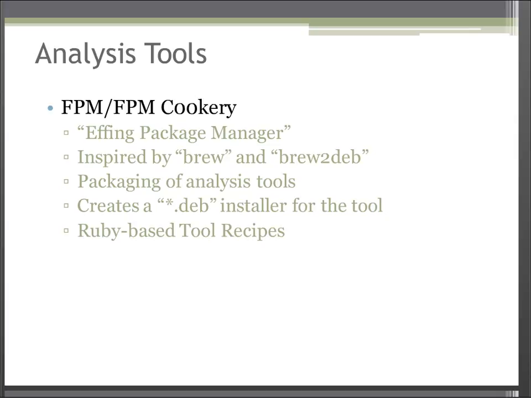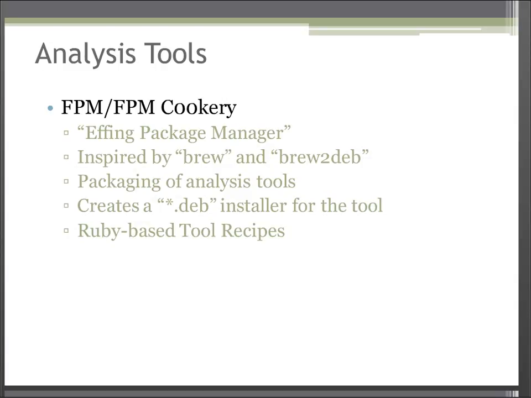This FPM cookery is written in and inspired by the Brew application that is available on Apple and Mac machines, and it creates an installer or a dev installer for each of the tools that we are customizing, and these installers are easily configurable to be installed on Ubuntu or Debian-based Linux environments.